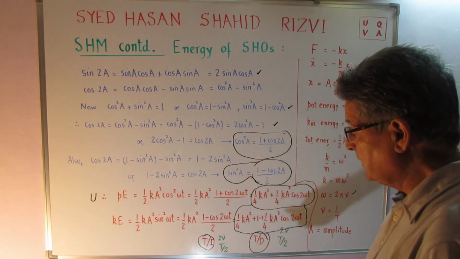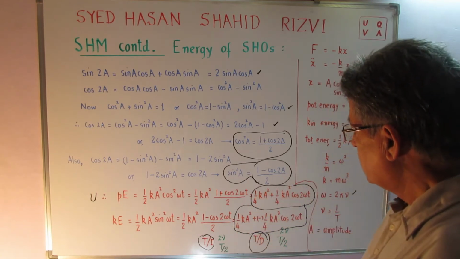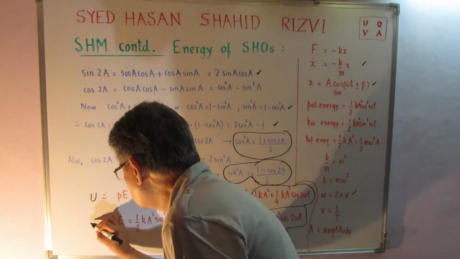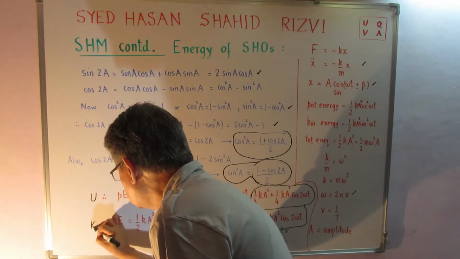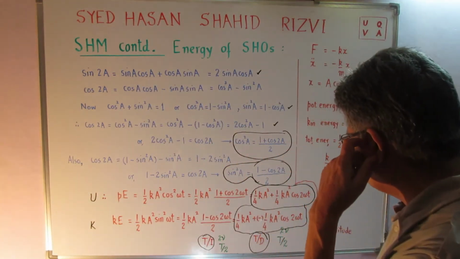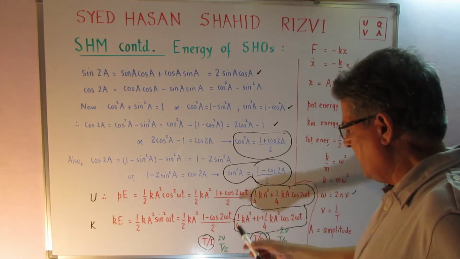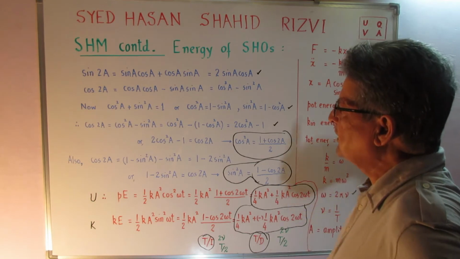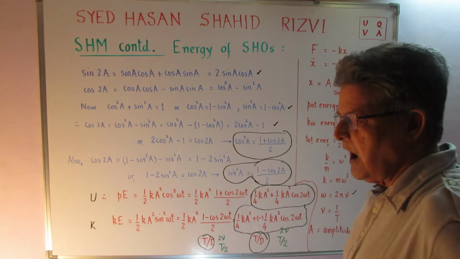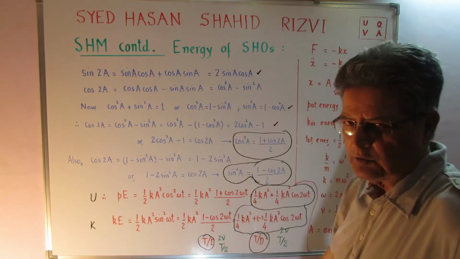And therefore, look here, the time period associated with the time dependent part of the energy U, and this is also known as K, so we can use these two symbols, potential energy and kinetic energy, we find that the time period of the oscillatory motion associated with the energies is half the time period of the original function. Okay, we continue with that.